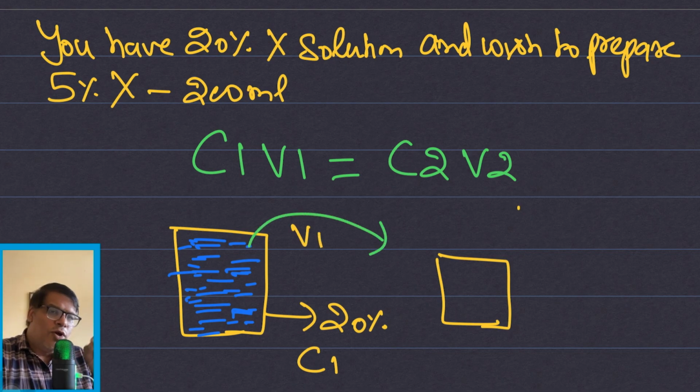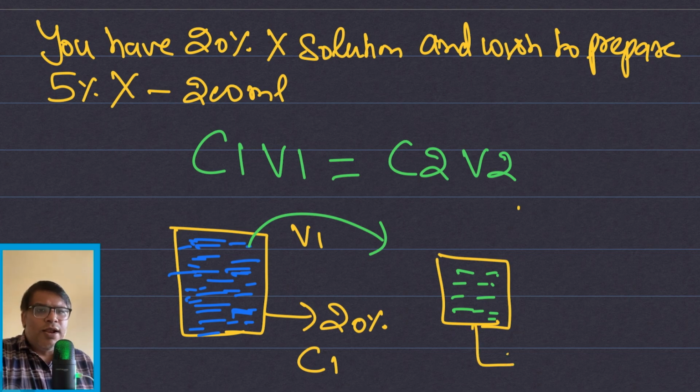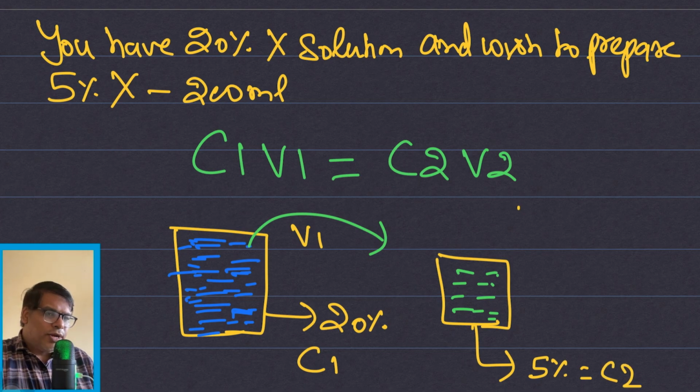You will take volume 1, and next you will add the rest amount of water to this and prepare the desired concentration. Here we want to prepare 200 ml of 5% X. So our working solution must have a concentration of 5% and the desired volume is 200 ml.